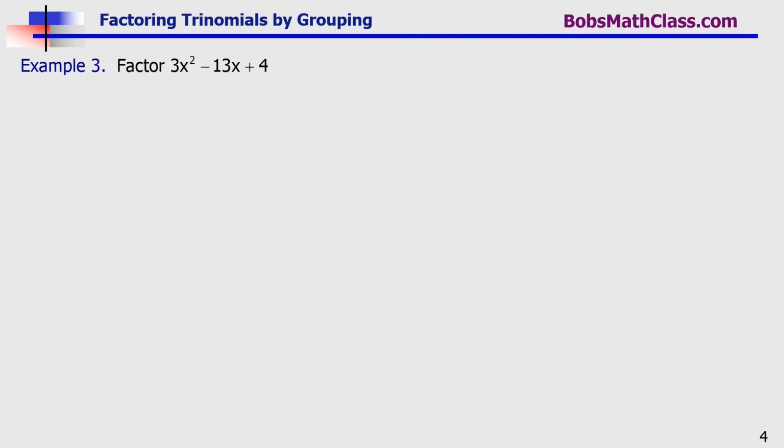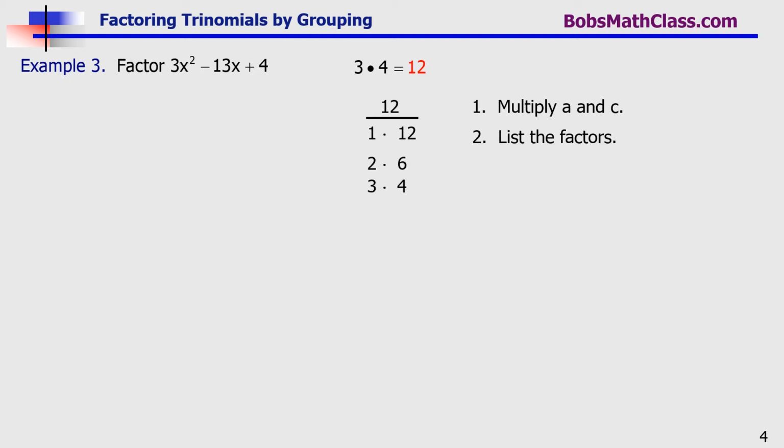All right, let's multiply the first number and the last number, A and C. That'll be 12. Now we're going to list the factors. One times 12, 2 times 6, 3 times 4.